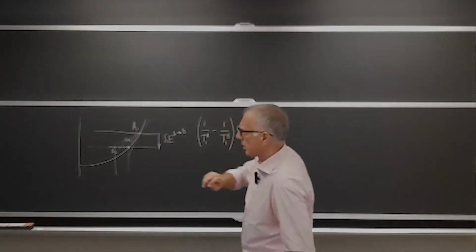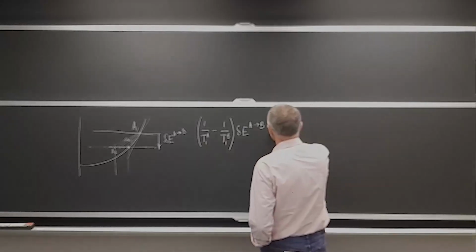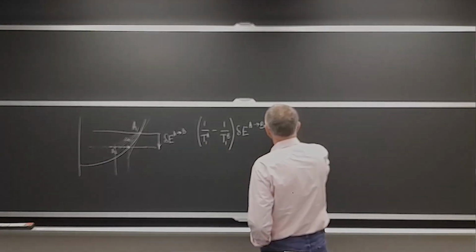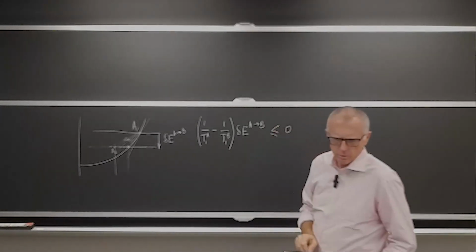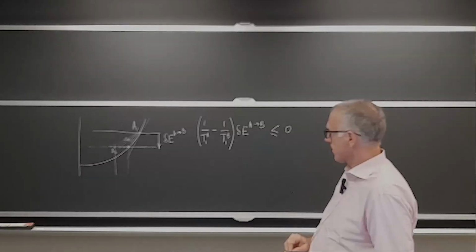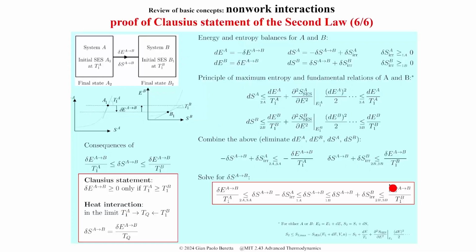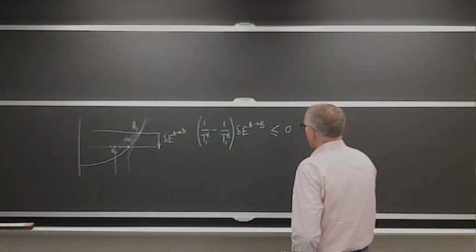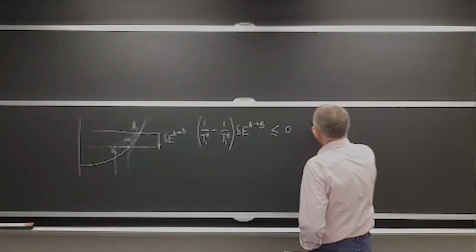Take things on the left-hand side. And am I right if I do this? Yeah. I'm taking this all the way to the other side. Right? Okay. So what does that tell me?